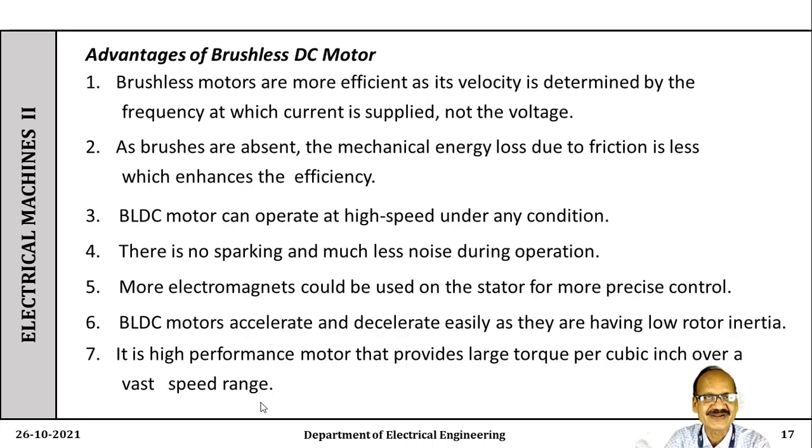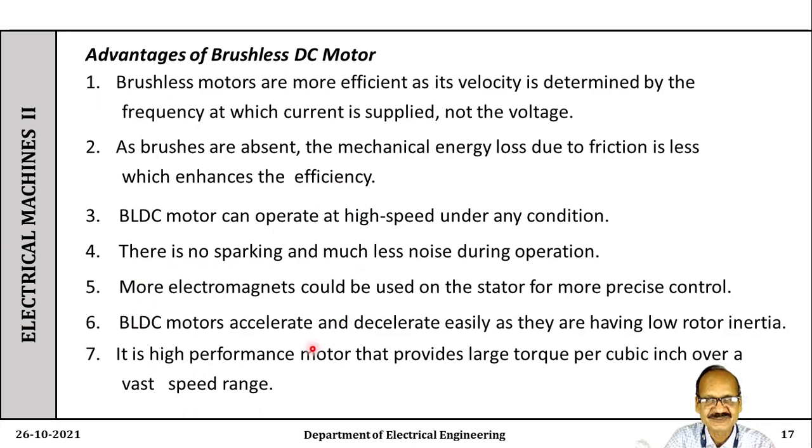Now, what are the advantages of the brushless DC motor? Brushless DC motors are more efficient as compared to brushed DC motors. Brushes are absent and therefore there are no mechanical losses, no frictional losses, so higher efficiency. A BLDC motor can operate at high speed under any conditions. There is no spark at the brushes and commutators and noise is very low, so it is a quiet operation.